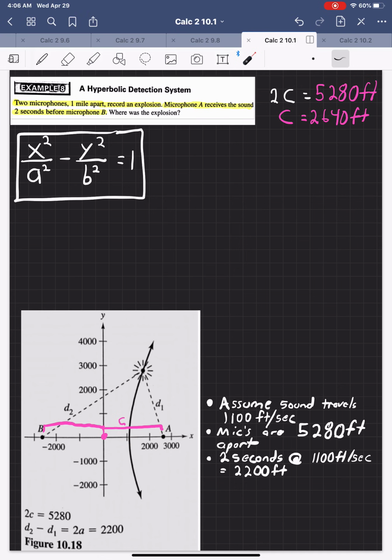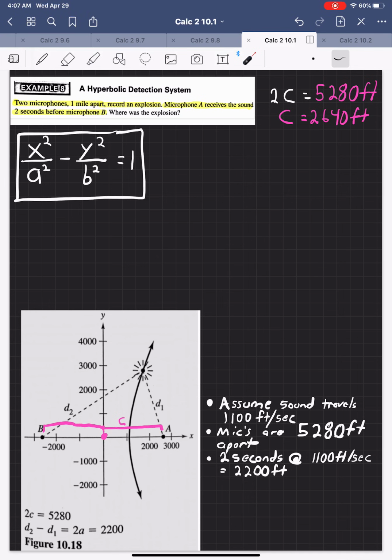Well, again, we got to go back to the part where it says microphone A receives the sound 2 seconds before microphone B. So microphone A receives the sound 2 seconds before microphone B, and I know that sound travels at 1,100 feet per second.